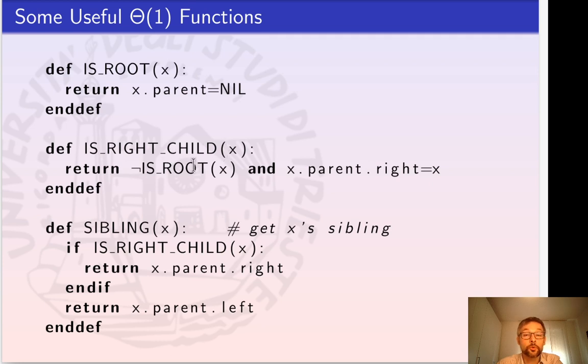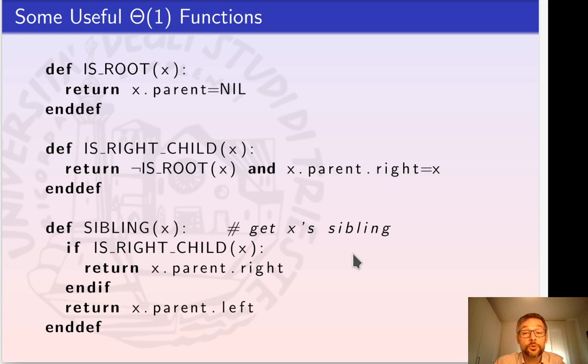If it is not the root, then we simply have to go through the parent link, which is x.parent, and then test whether x is equal to the right child of its parent. And if this is the case, we can say yes, x is the right child. Okay. And again, this takes constant time, as testing whether x is the root.